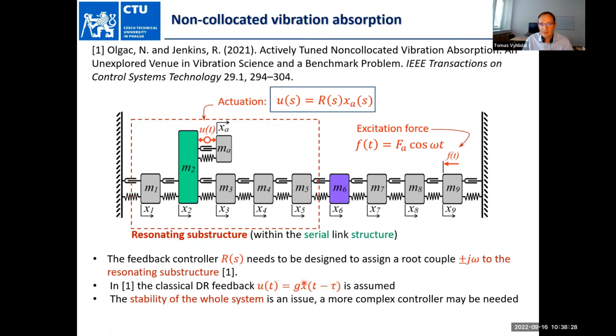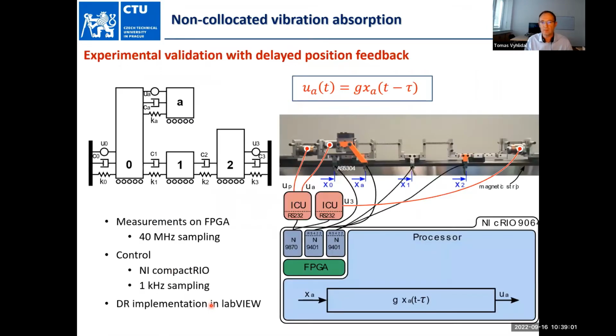But as you can guess, we can have some difficulties with the stability, because we basically assign only one zero to the system, but when we introduce the time delay, it can have quite some destabilizing effect. So it doesn't work for any frequency, and the stability problem is open to be solved.